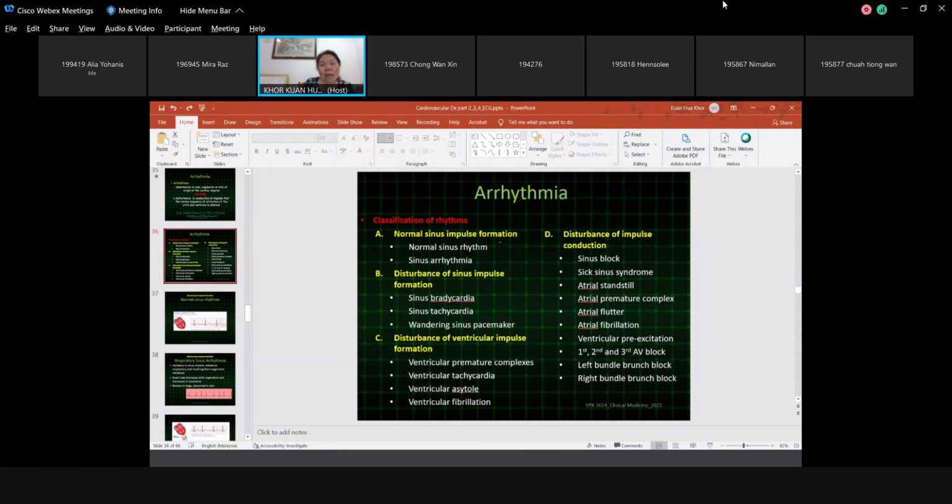In this one, every P has a QRS, and every QRS has a P. They hold hands together. This one is the same. In wandering pacemaker, it is sometimes there, sometimes not, sometimes a bit slower, but the P is indeed there.